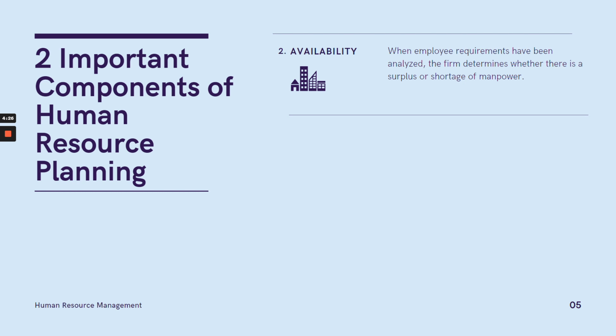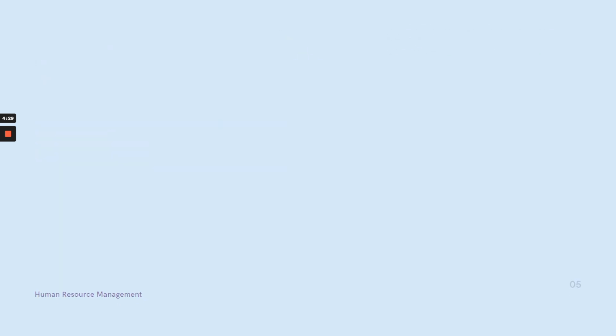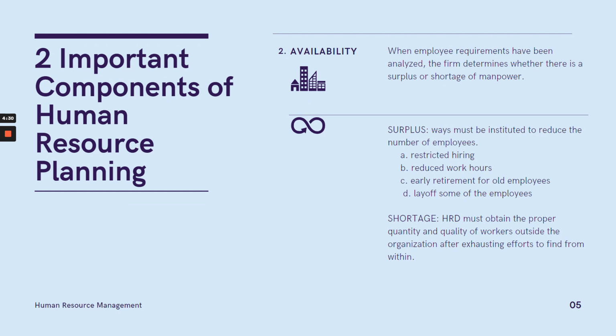If there is a surplus, ways must be instituted to reduce the number of employees. So if we have a surplus, meaning too many employees, what can we do? We can do restricted hiring. So we restrict our hiring.